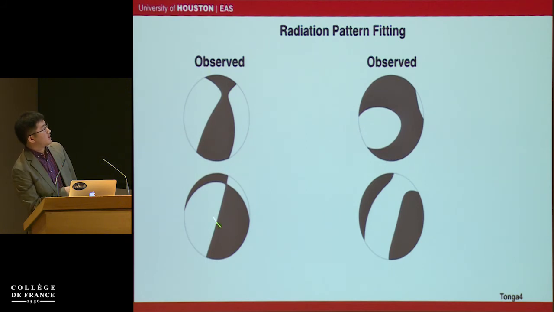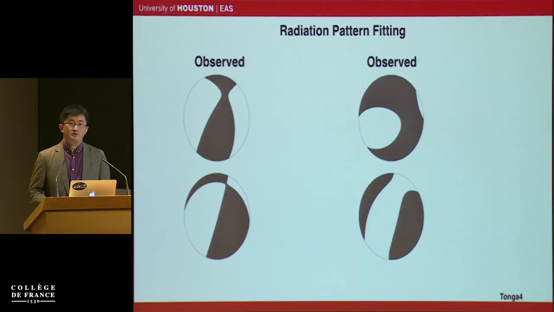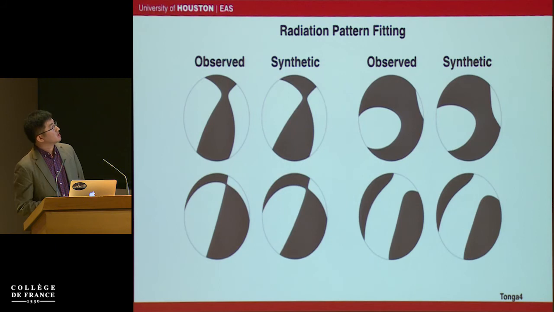These are four observed cases, observed one earthquake, second, third, fourth. I'm going to use the inferred anisotropy I just got, use the symmetry axis, and find the best fit plane, and produce synthetics. So compare the observed and the synthetic, observed and synthetic, observed and synthetic.